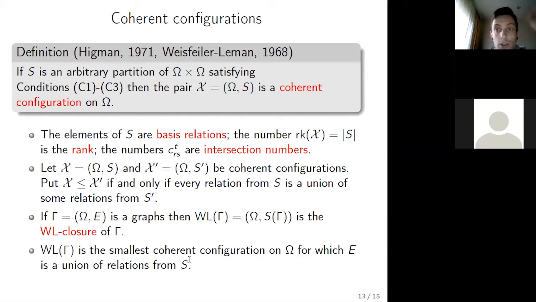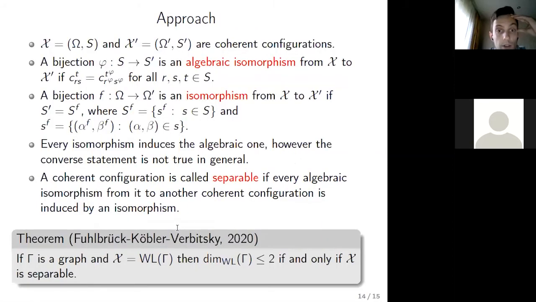These definitions appeared in the previous talk, so maybe there is no reason to stop here. To formulate our tool to estimate Weisfeiler-Leman dimension, we need to introduce some more definitions.